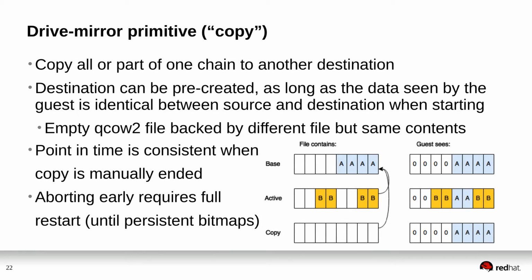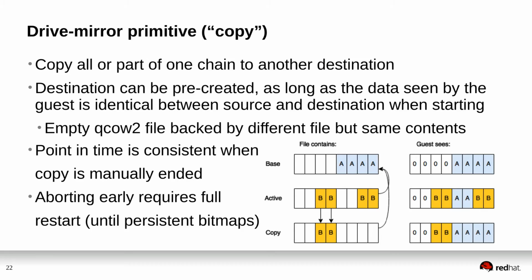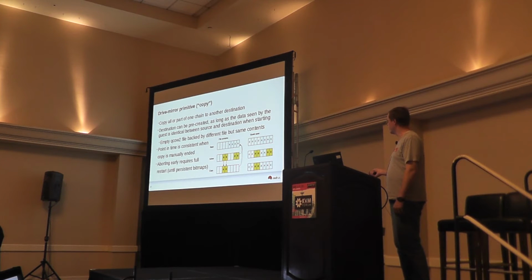We can also do shallow copies by pre-creating the destination file to be a QCOW2 wrapper around the same content as the base file, whether it's the same base file or a copy of the base file. You have some flexibility as long as it's the same content the guest would see. And there, again, the operation is asynchronous in that we copy any clusters from the shallow image.